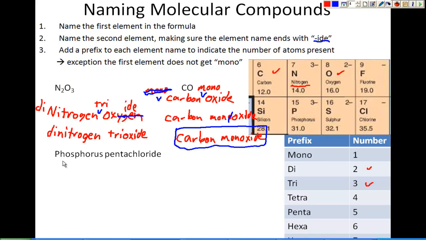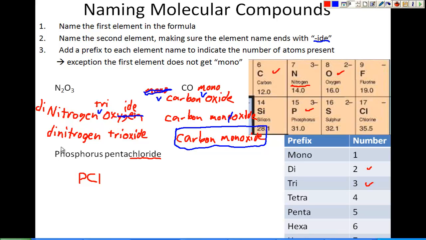Now we have this one. This is the name of the compound, and we're just going to work backwards. So phosphorus, and we have chloride, Cl right here. Now, phosphorus doesn't tell us how many there are. If there were 2 or 3, it would have a prefix in front.